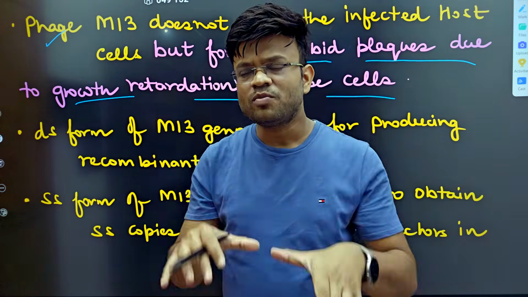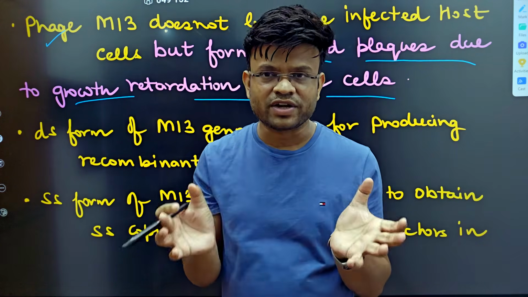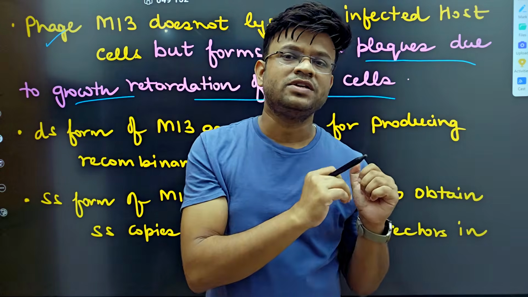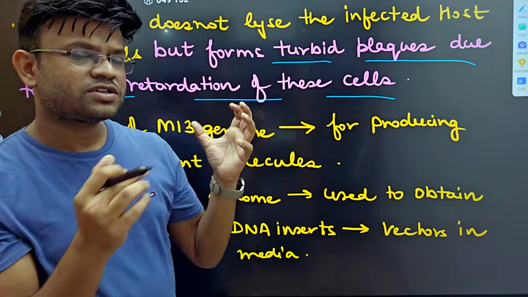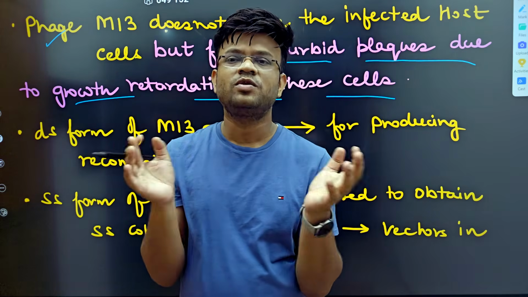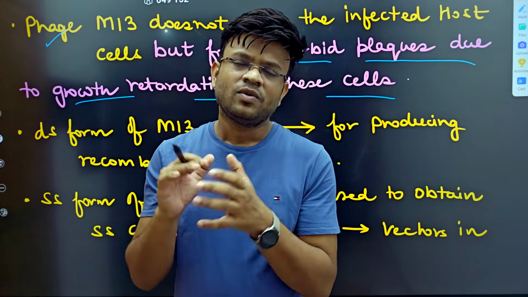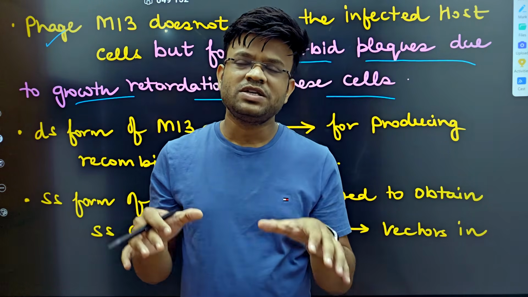The growth would be so much decreased that you would see an abnormal structural difference with the other normal colonies. The structure of the colonies of those bacteria would be different as compared to the other normal bacteria. Why? Because the growth would be so much retarded.